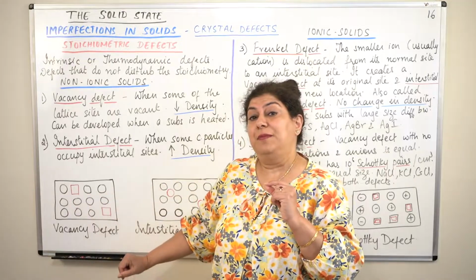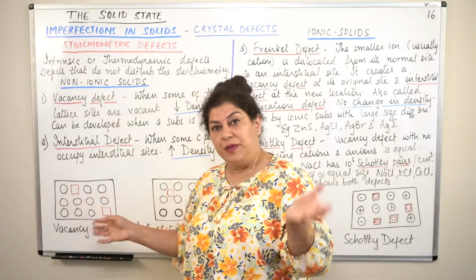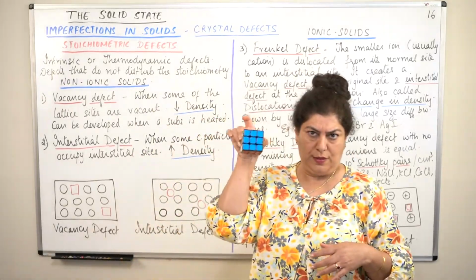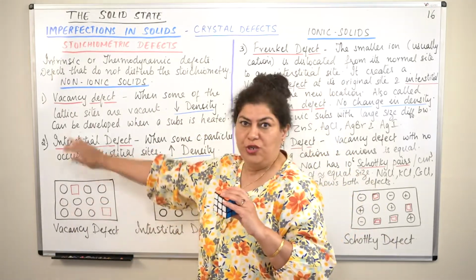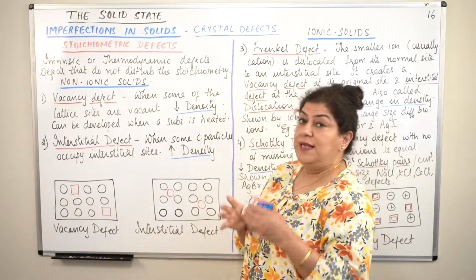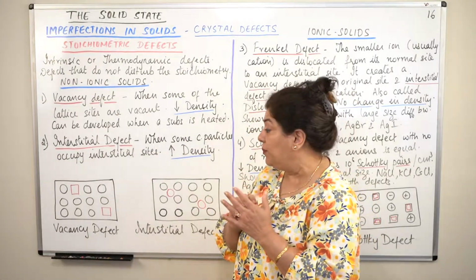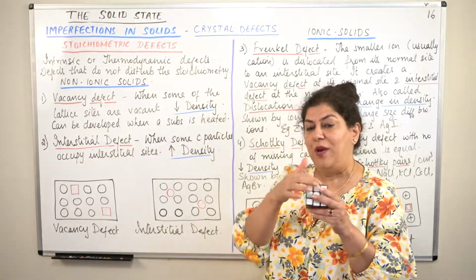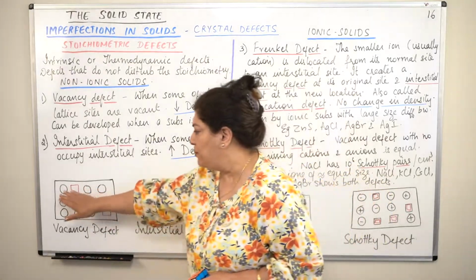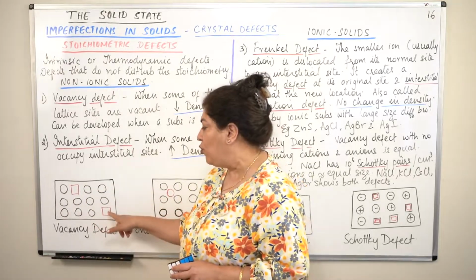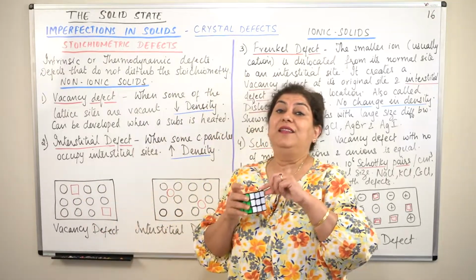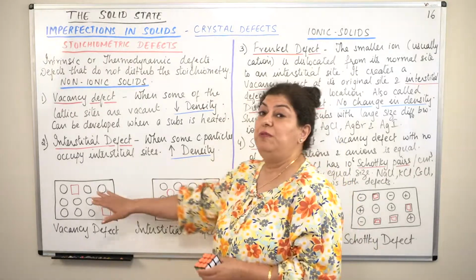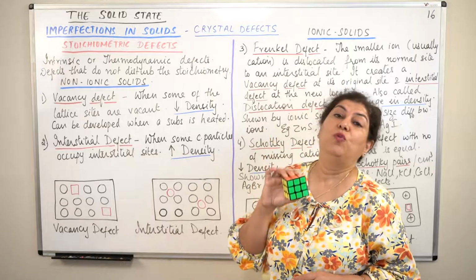So what would the density be? It would be 12 grams per cubic centimeter, because it will be a cubic solid. It will not actually be in two planes. So density is mass per unit volume. If two of the sites are missing, they were supposed to be 12 cubes, but out of 12, only 10 are present. Then the mass will be less per unit volume.